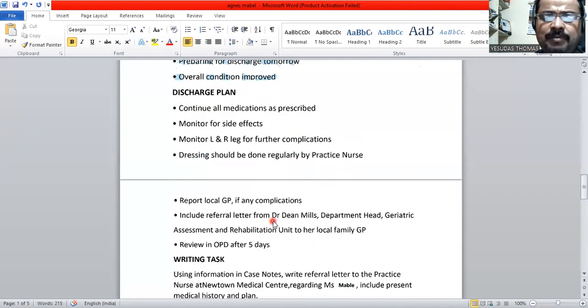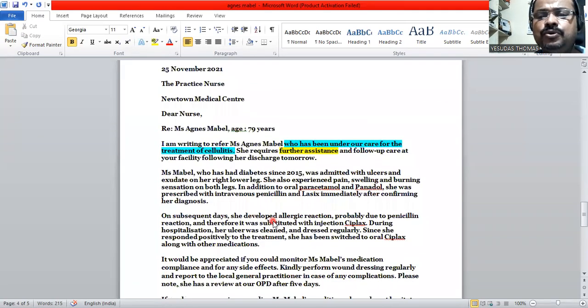That is the rationale behind the non-inclusion of osteoarthritis and Voltaren. Or else we need to give a separate paragraph for osteoarthritis and Voltaren, and say something about when she had diabetes mellitus. As far as the question is focusing on the present medical history and the plan, we are not going to say something in detail about this.